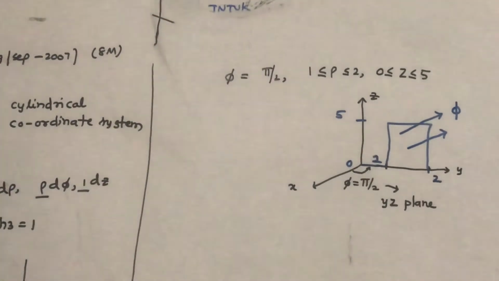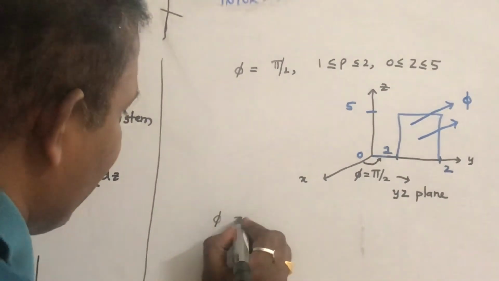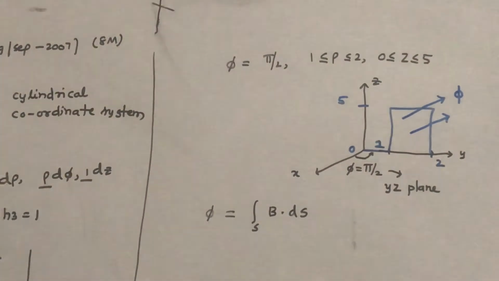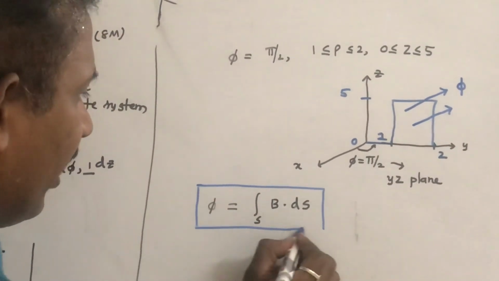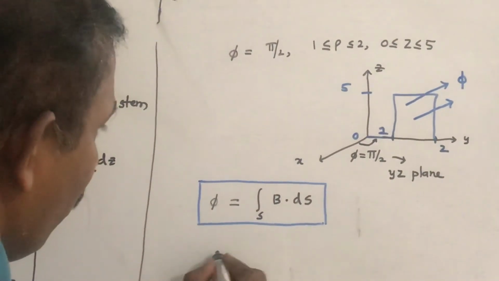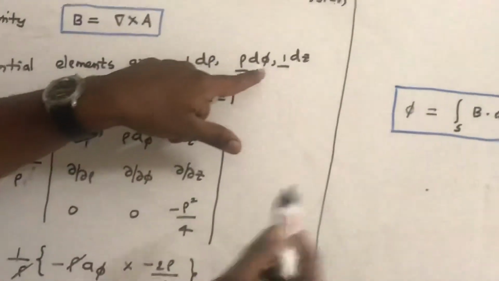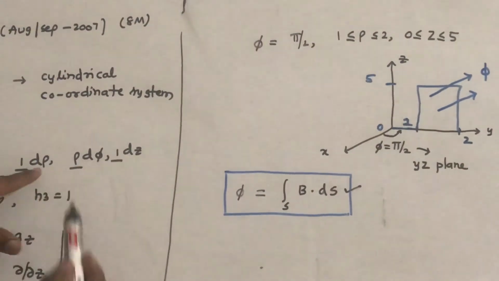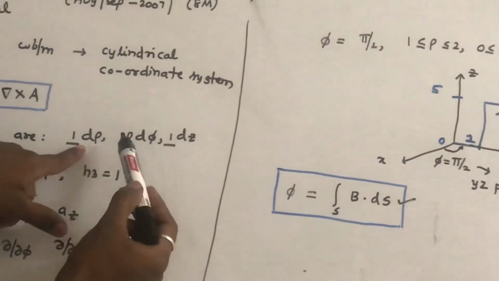The magnetic flux crossing a given surface is given by a very simple formula: the surface integration of B dot ds. We use this formula. Here rho is varying from 1 to 2 and z is varying from 0 to 5, so we multiply d rho dz, with unit vector a phi.